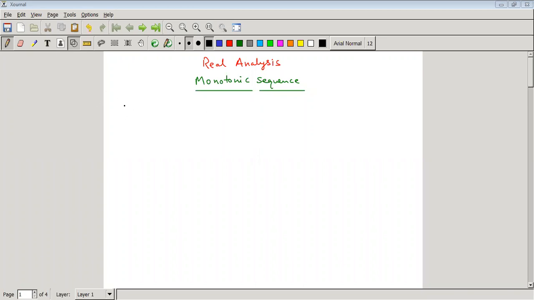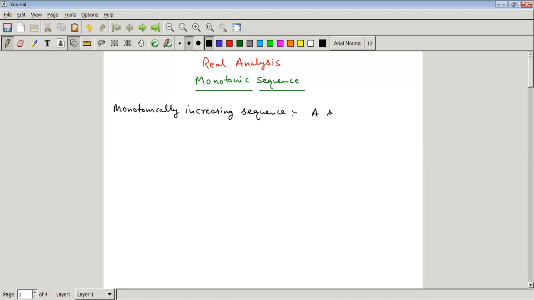So first we start with monotonically increasing sequence.